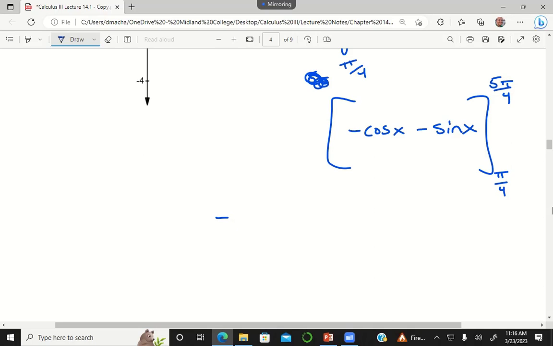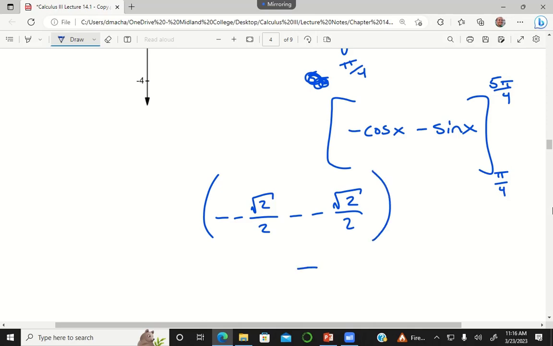No, negative root 2 over 2. Yeah, negative root 2 over 2. So negative root 2 over 2 for negative cosine of 5 pi over 4. And then minus sine of 5 pi over 4, which is also negative root 2 over 2, I think.